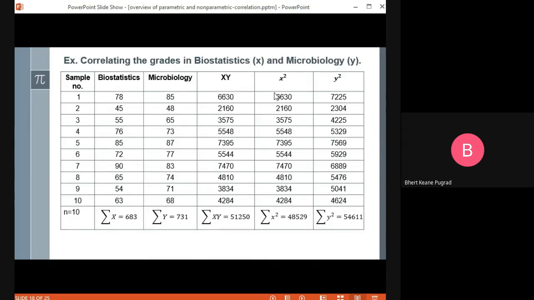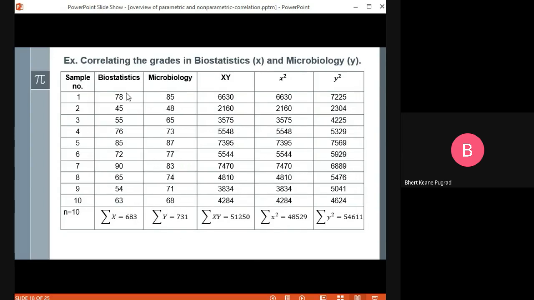Summation of xy, summation of x square, and summation of y square. If you're going to get the sum of the column of x, the summation of x would be 683. If you're going to get the total score, summation of y is 731.